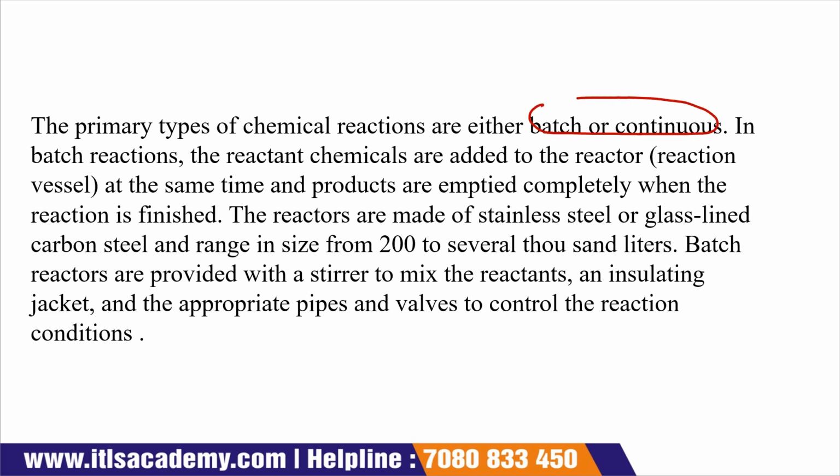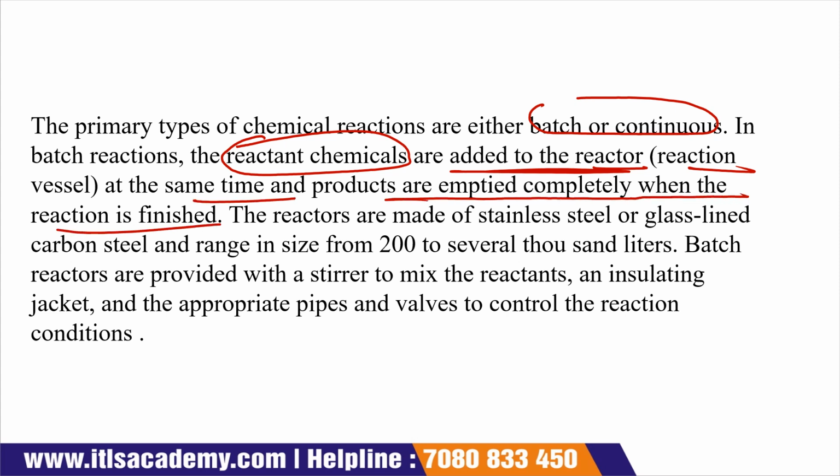In a batch reaction, the reactant chemicals, the chemicals which are reacted, are added into a reactor, that is your reaction vessel, at the same time, and the products are removed completely when the reaction is finished. The reactors are made of stainless steel or glass-lined carbon steel, and the size of these reactors is around 200 to several thousand liters.